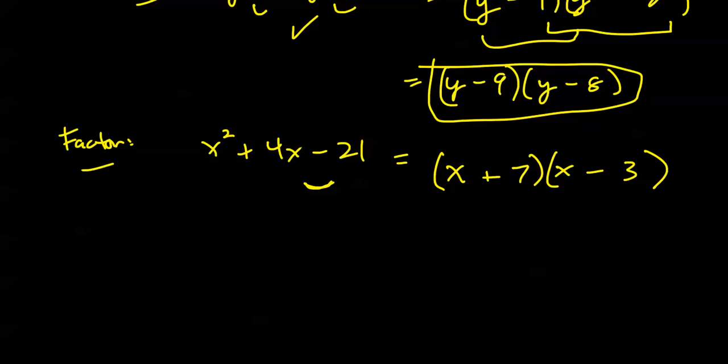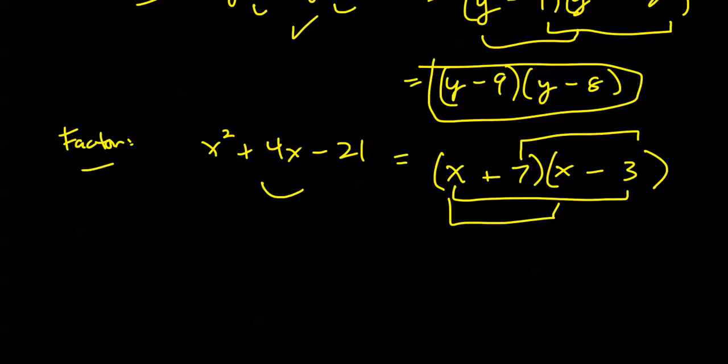Let's check it. Again, the big battle here is really to get the inner and outer product to add up to this middle degree term here. It's easy to check the first product in your head. It's easy to check the last product in your head. Let's see if I get the inner and outer products right. The outer product is minus 3x.